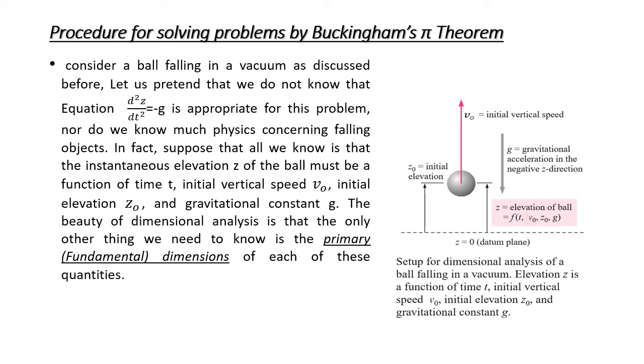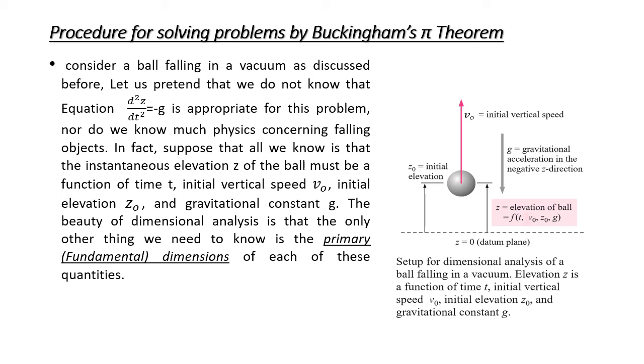Let us consider a ball falling in a vacuum, as I discussed before. Let us pretend that we do not know that the equation d square z by dt square equals g is appropriate for this problem. We don't even know that formula, nor do we know much physics concerning falling objects.